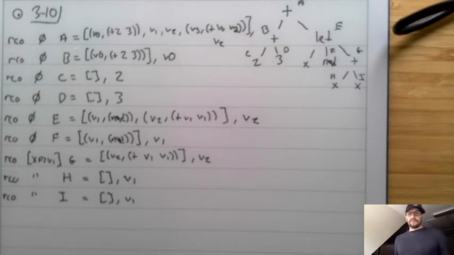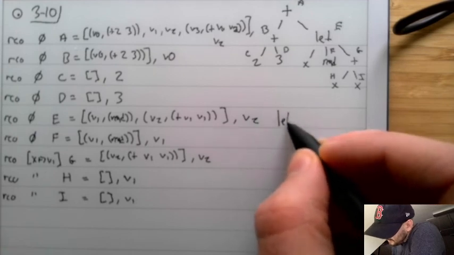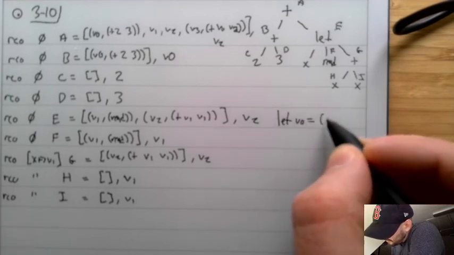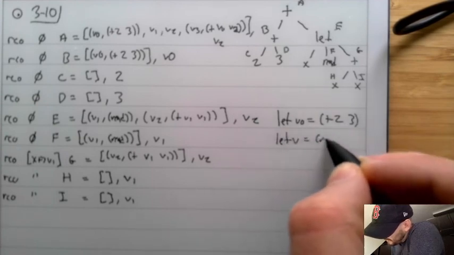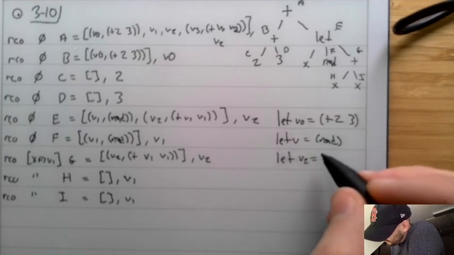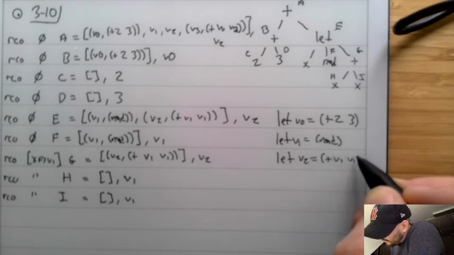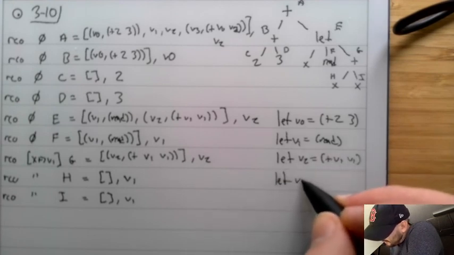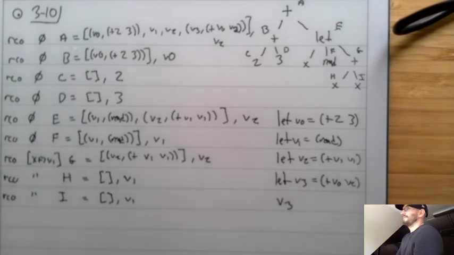So altogether, when we serialize the program, it's going to end up being let V0 equal plus 2, 3, let V1 equal read, let V2 equal plus V1, V1, let V3 equal plus V0, V2, finally V3.